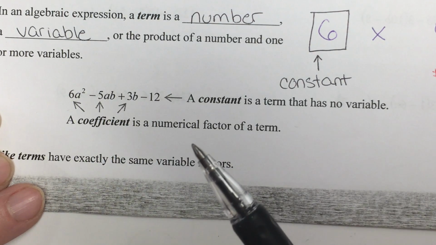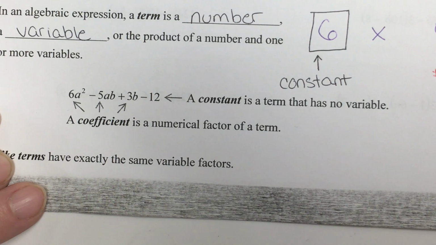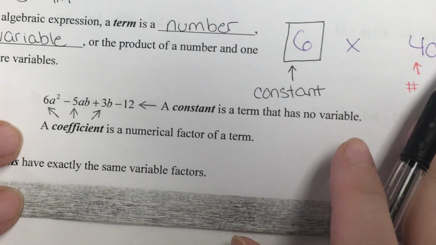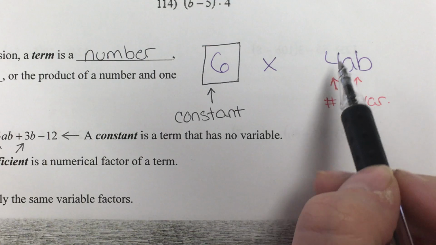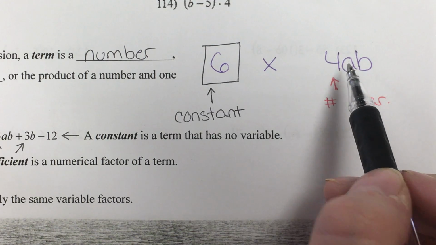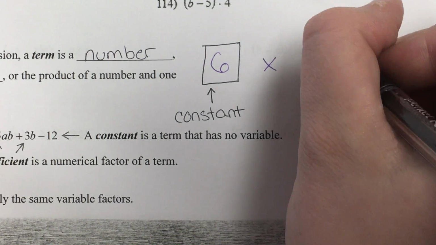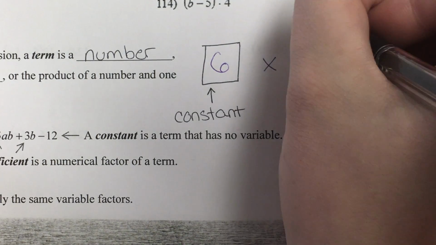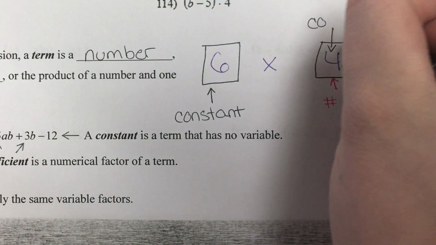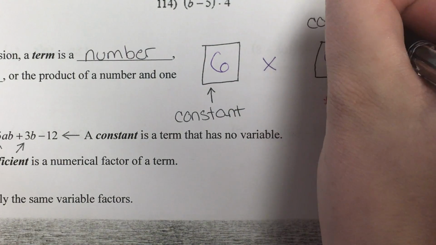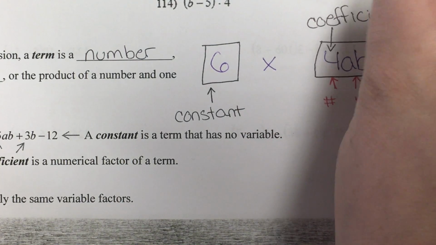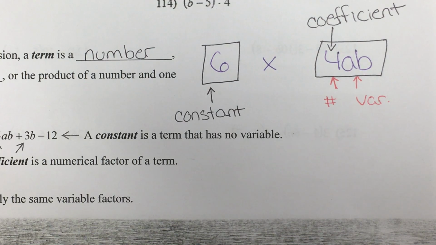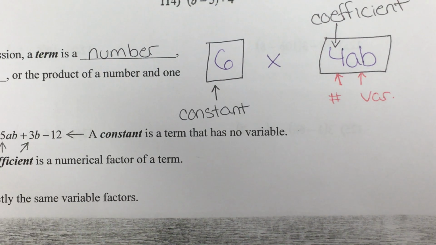Well, basically that means that a coefficient is the number in front of a variable. So if you have a number and a variable paired together like this, then this number right in front is referred to as the coefficient, C-O-E-F-F-I-C-I-E-N-T. Okay? Very important things for you to remember.